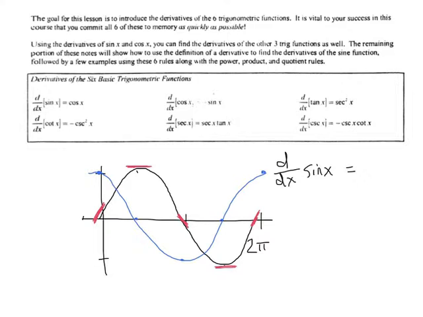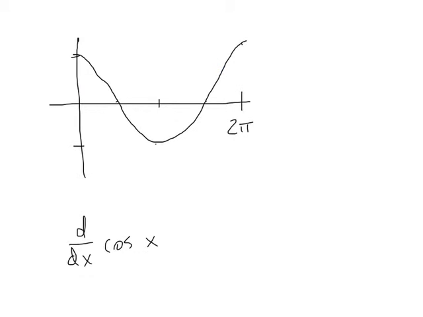So the derivative of sine is cosine. That's one way of showing that. Next example, we're going to look at the graph of cosine and do the same thing basically. Look at tangent lines and what the tangent line slopes are going to be.